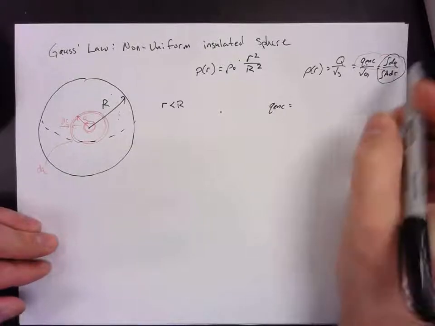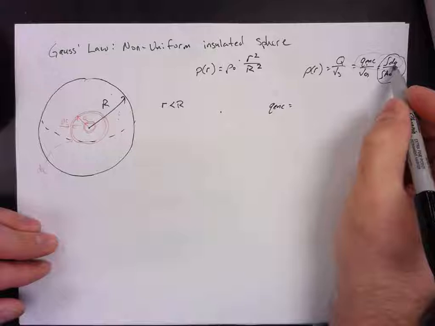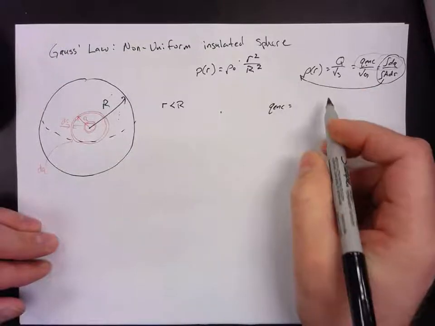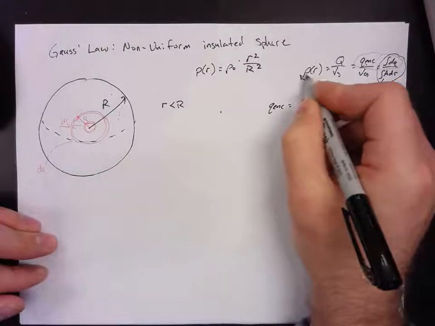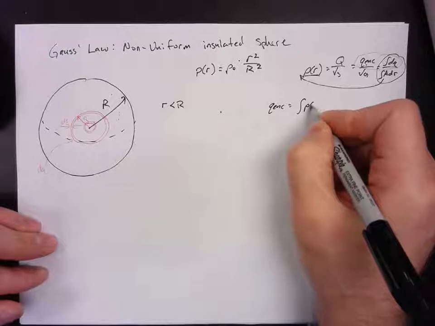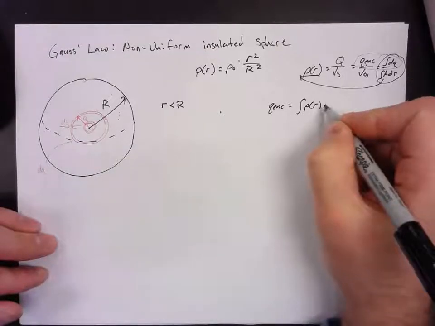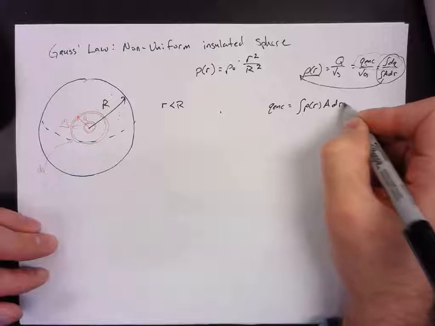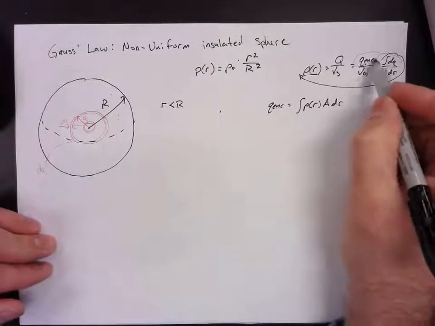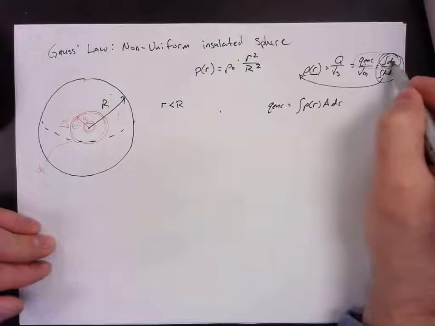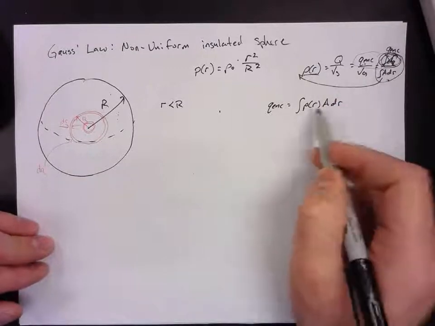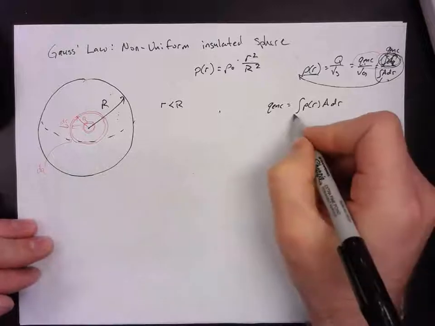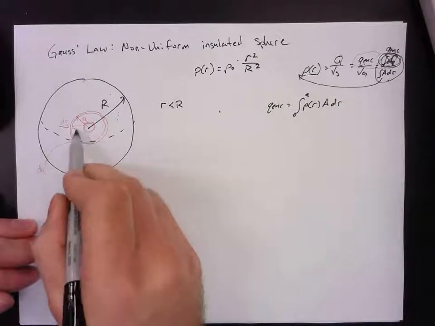I'm going to look at this side, and if I move that over, I'm going to have the integral of the function of the density times the area times dr. And that's going to find the total charge enclosed, or the sum of all the little dq's. So think about it this way: this is charge enclosed. Manipulate it for the charge enclosed, we get that, and we're going to integrate this from the center out to a.